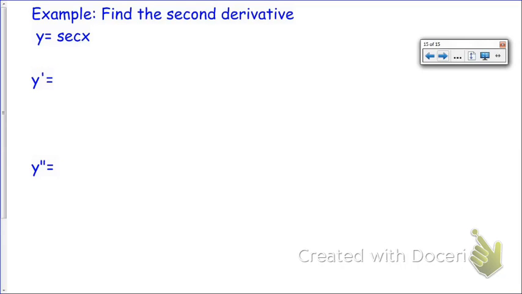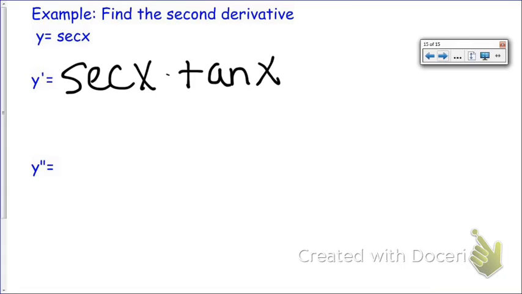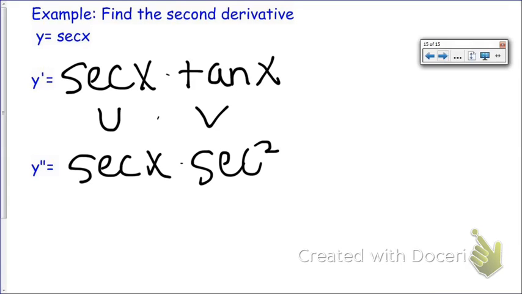Let's find a second derivative. Derivative of secant is secant tangent. For the second derivative, we have to use the product rule. We have two different functions multiplied, so we take u times derivative of v plus v times derivative of u.